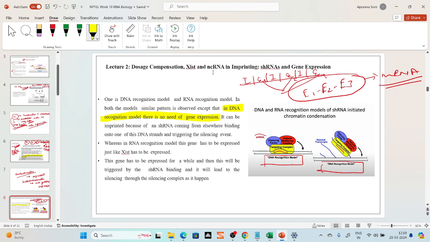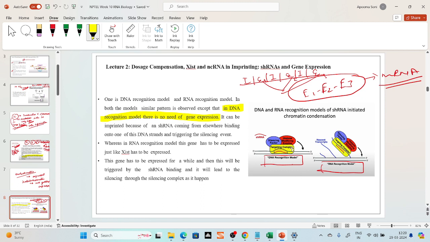So, it can bind in two ways. And these two ways are the two models. First is the DNA recognition model, and the other one is the RNA recognition model. That means this shRNA which is coming, which is going to do the genetic imprinting process, when it binds via the DNA recognition model, it just comes, sits, and does the silencing event.